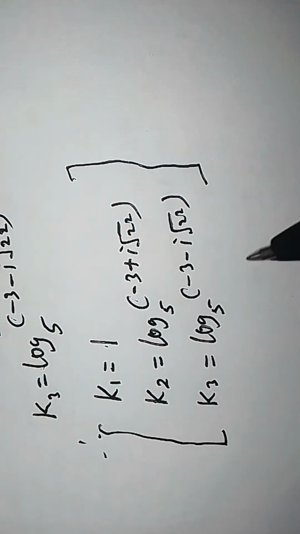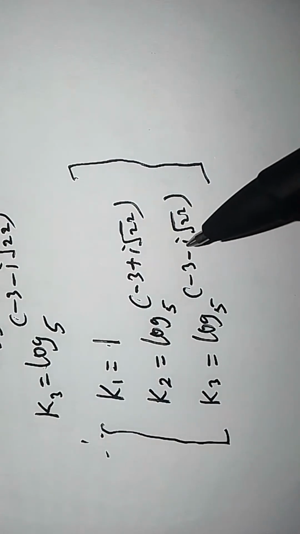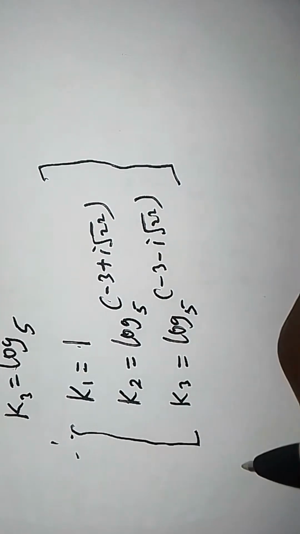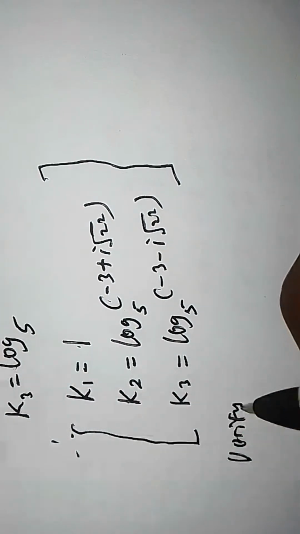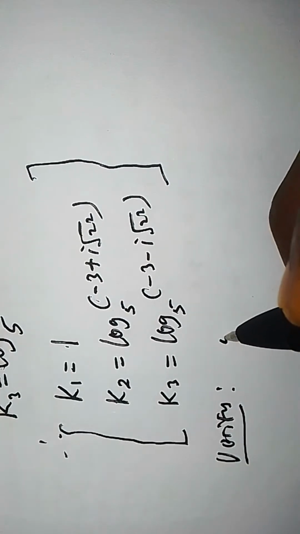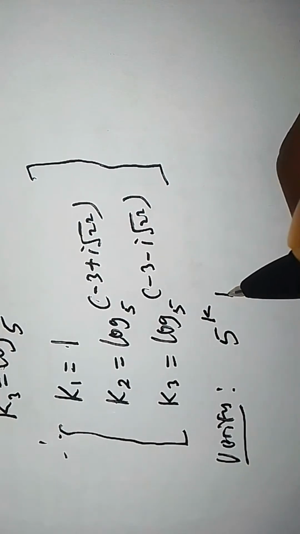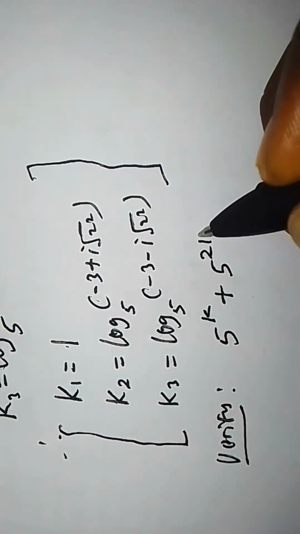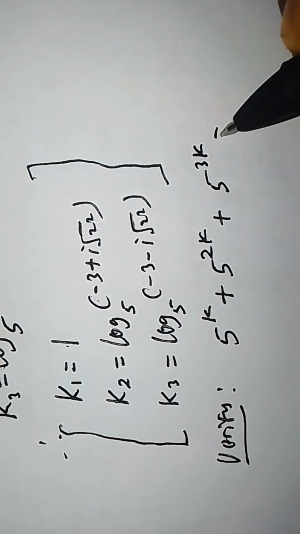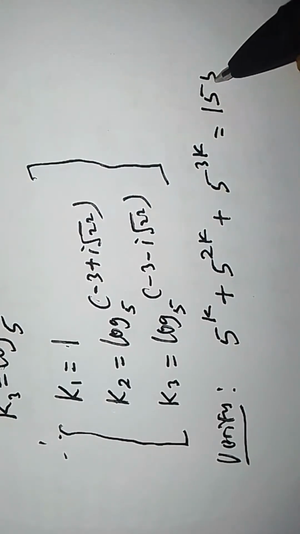Let's verify at least one of the answers that we got. Let's verify this first solution, k equals 1. Using the original equation, 5^k + 5^(2k) + 5^(3k) = 155.